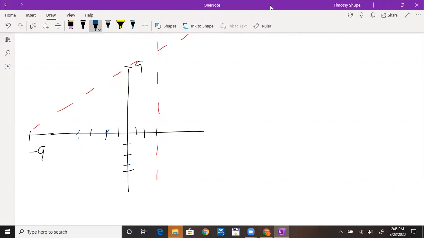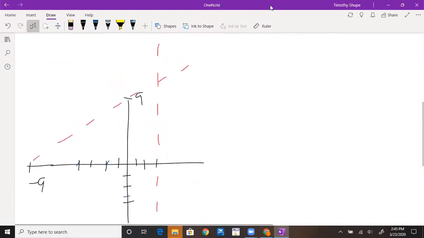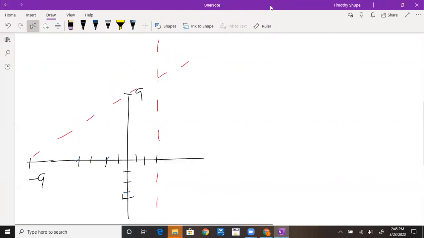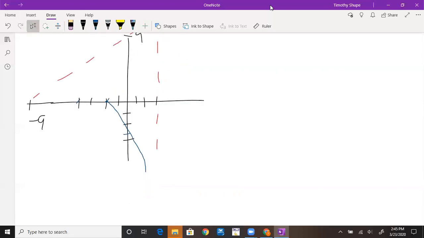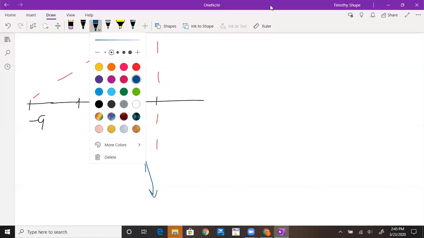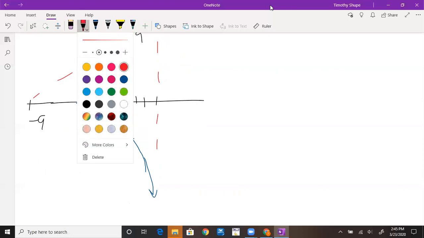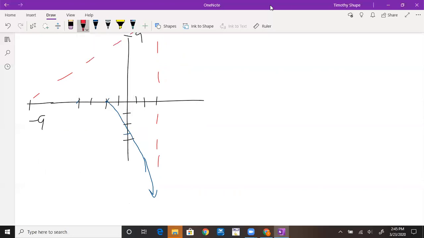Now, I think it's fairly clear which section of the asymptotes we're going to land in here, just based on those intercepts. So I'm going to take those intercepts and connect them up. So this side is going to drop down and go fairly close to my asymptote to show that asymptotic behavior. And I'll extend that asymptote just to show that it's approaching that.